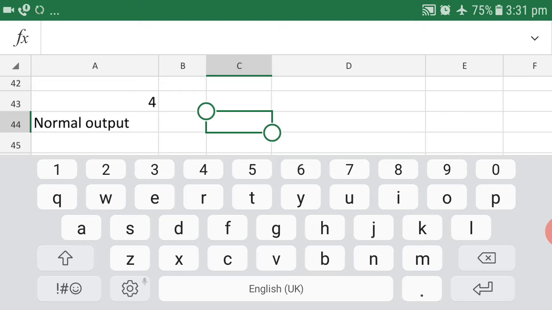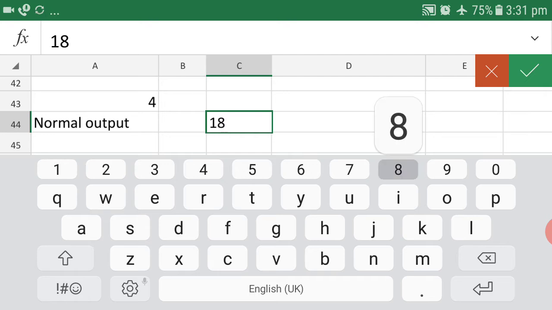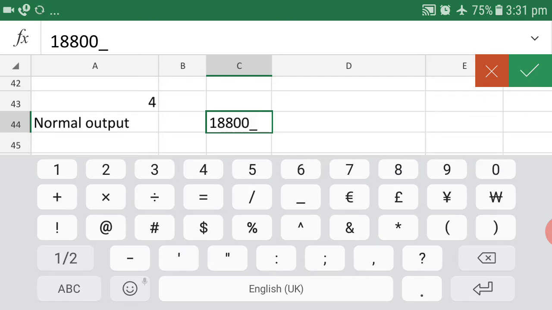Output is given as 18,800 minus normal loss.